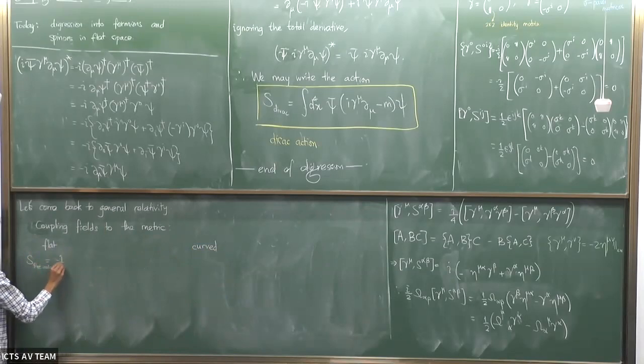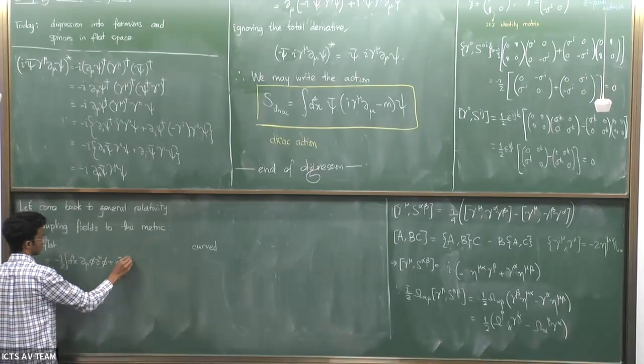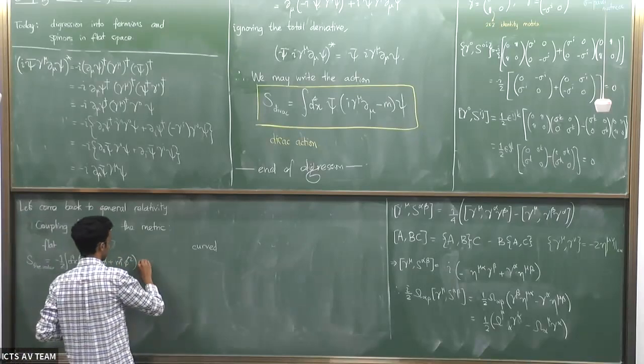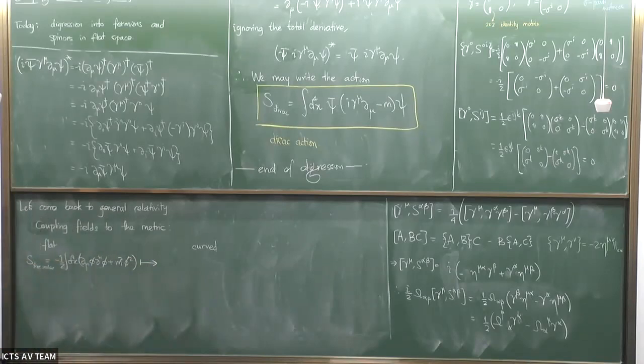That was just minus half integral d4x, del mu phi del mu phi plus m squared phi squared. And we learned how to take it to curved space. That was very easy. We said that we should preserve general coordinate transformation invariance. So we should not have d4x, we should really have root minus g d4x. If you remember, I showed you in some tutorial that d4x root minus g transforms in such a way that it stays invariant.